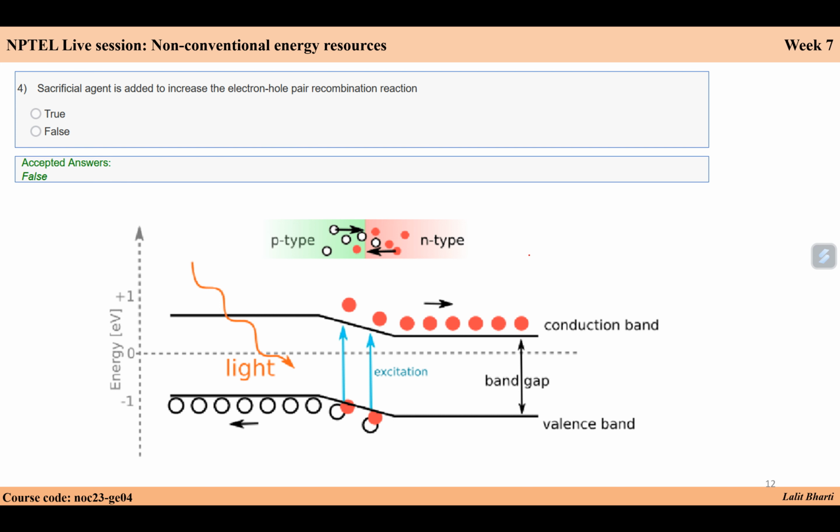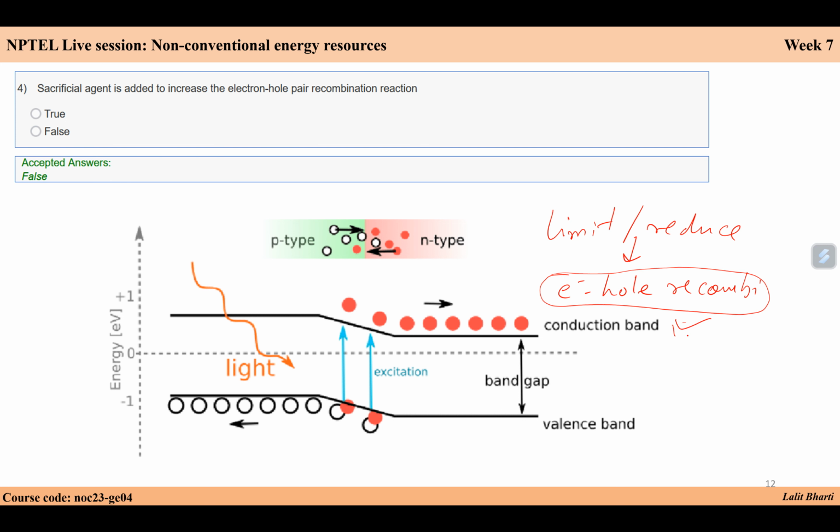So during the photoelectrochemical reaction, the side reactions will be taken care of by sacrificial agents, and they will limit or reduce electron hole recombination, which is much required for our photoelectrochemical reaction.